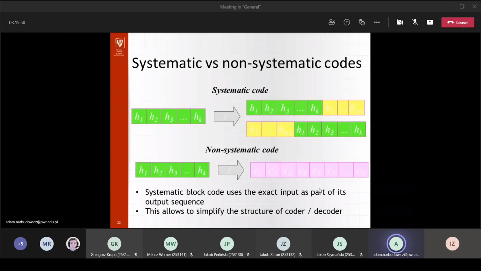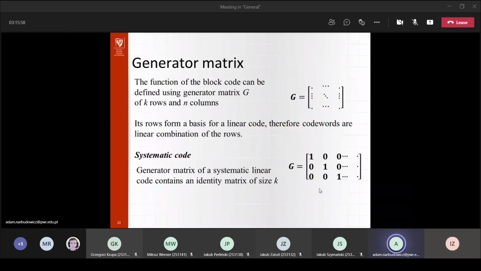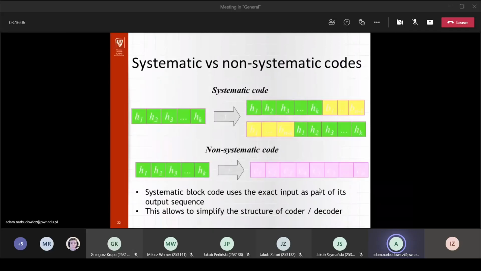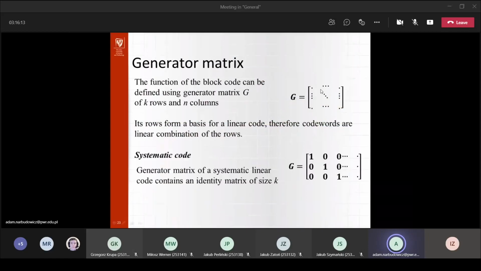Okay, and this can sometimes be used to simplify the structure of the coder and decoder. So I don't want to go through this generator matrix here, but basically this is the way of generating the code, right? The idea is that the rows form a basis for the linear code. So for a systematic code, you would actually see somewhere here a unitary portion of the matrix, simply because this maps corresponding bits one by one.